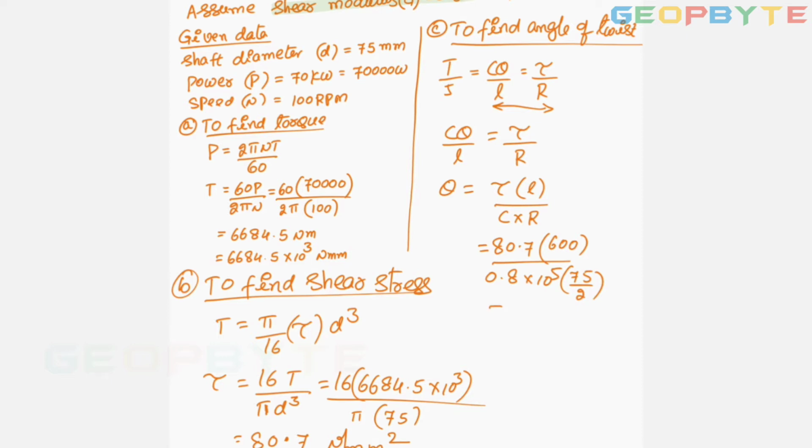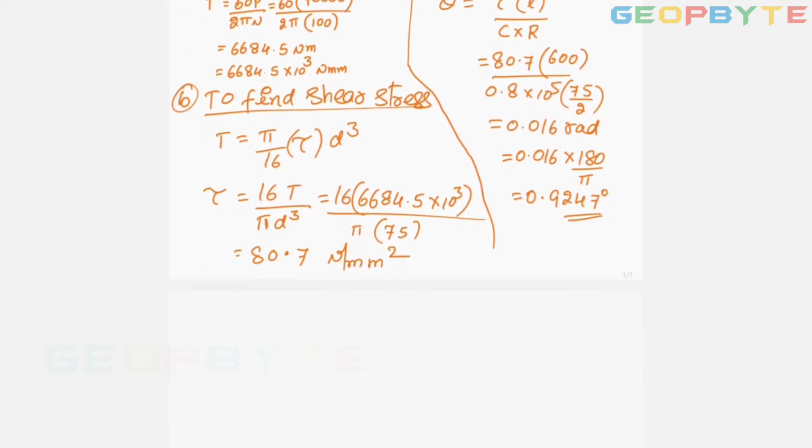I got theta is 0.016 radians. To get in degrees, 0.016 into 180 by pi, which is 0.9247 degrees. That is the angle of twist.